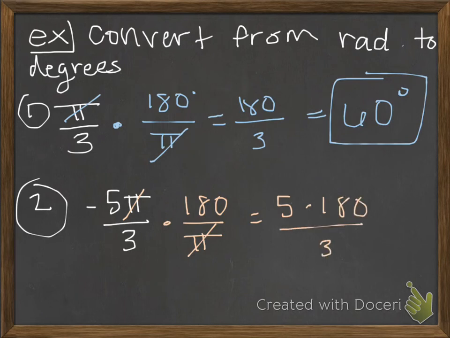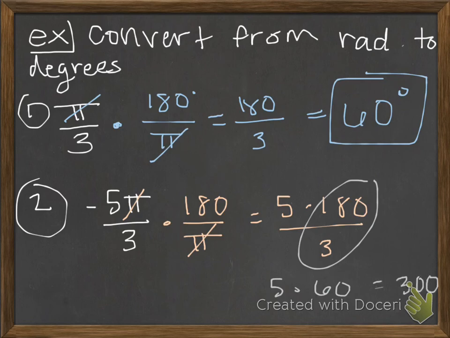Now, obviously you could just type 5 times 180 in the calculator and divide that answer by 3. Let's say you don't have a calculator handy to do this by hand. I know this 180 divided by 3 is 60, and I still have a 5 there. So 5 times 60 would be 300 degrees.